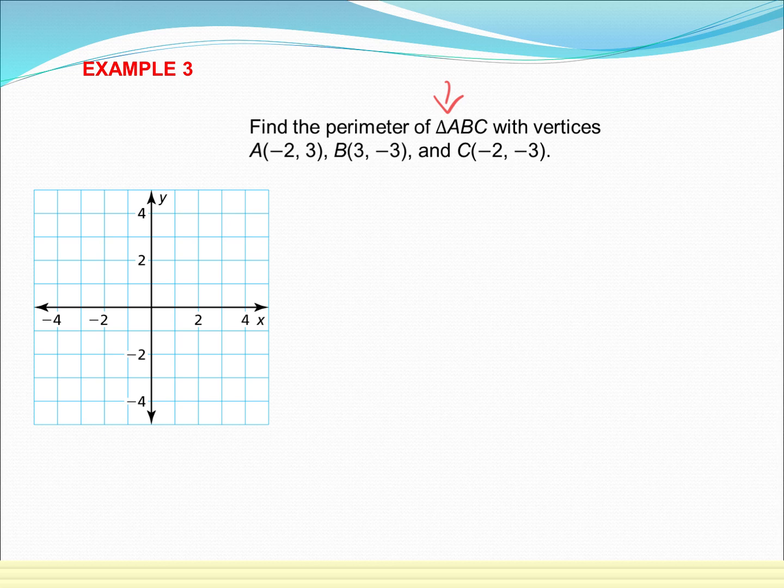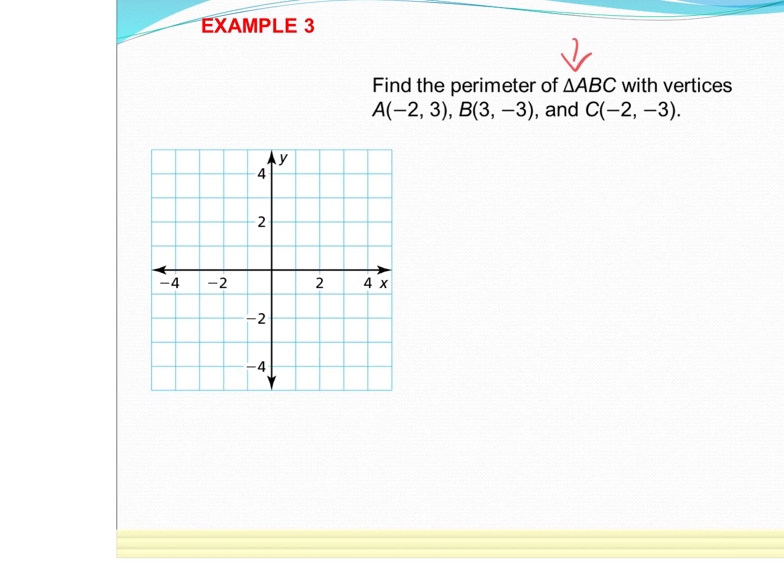So let's go ahead and graph our 3 ordered pairs. So for the first one, for A, it's -2, +3. For B, it's +3, -3. And lastly, for C, -2, -3.